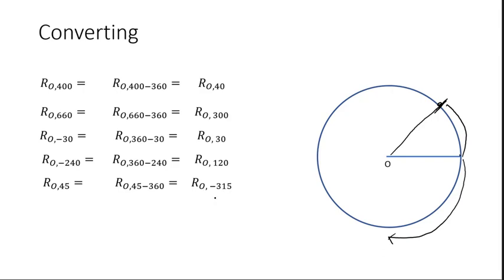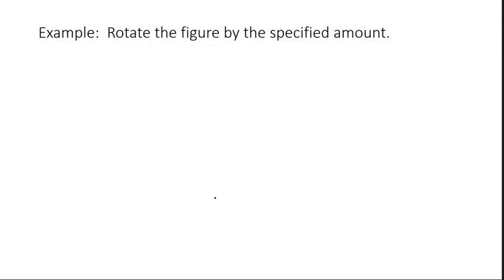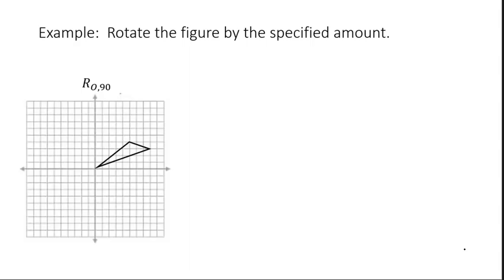Now to finish off, we want to actually rotate figures. So if you're given a shape, how can we rotate about or around a given point? Our first example is we have this picture, and we're trying to rotate this triangle 90 degrees around the center point O, where O is the origin, which is this point right here.